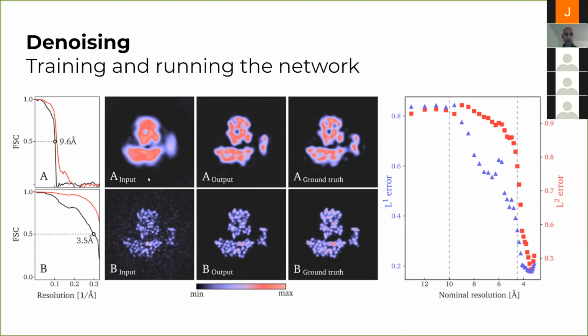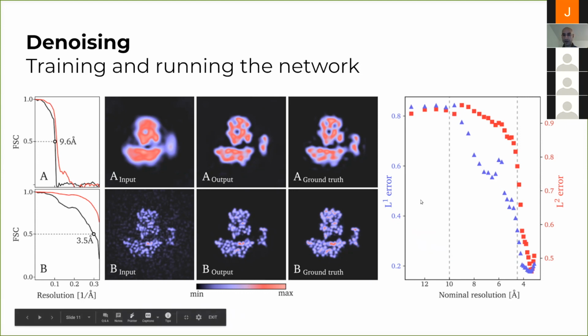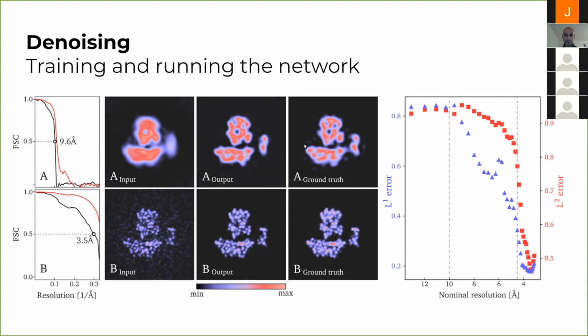Now, the denoiser that we used, as you can see here, this graph shows how well the network performs. If you divide the difference between the output and the ground truth by the difference between the input and the ground truth, for the L1 and L2, you get something like this.